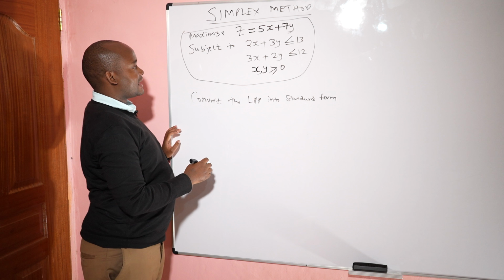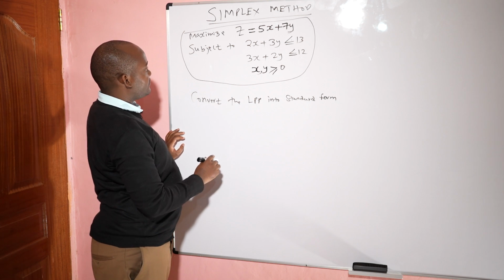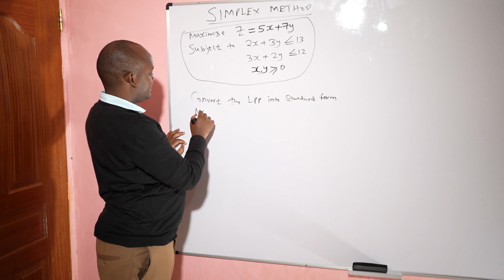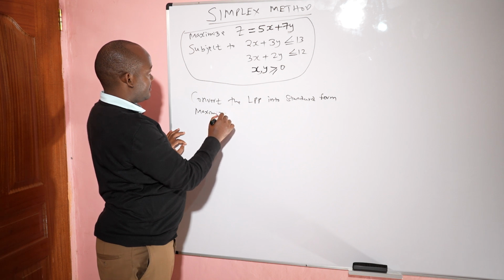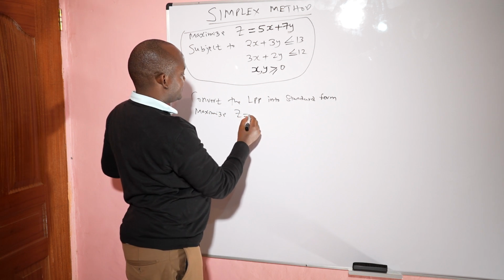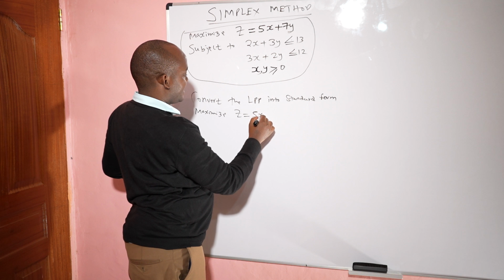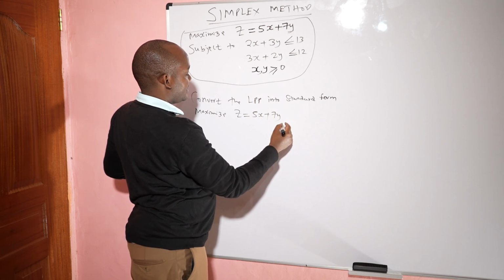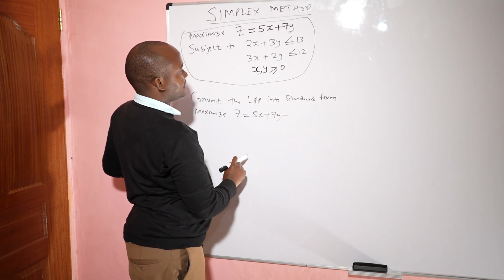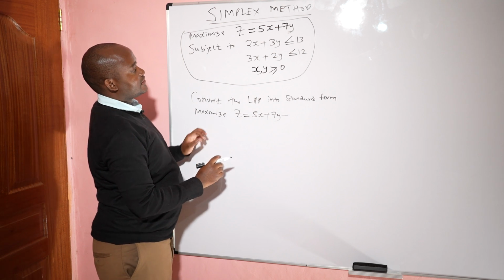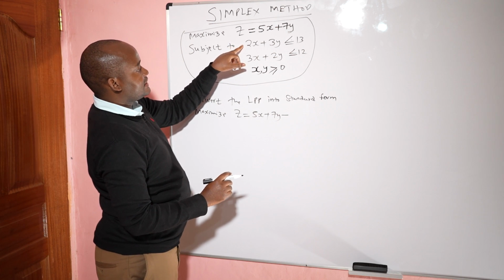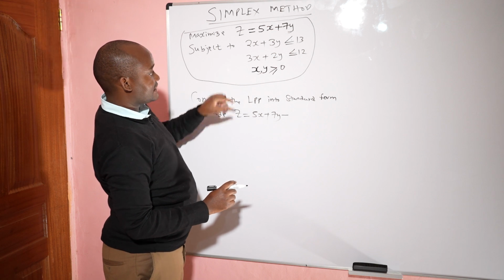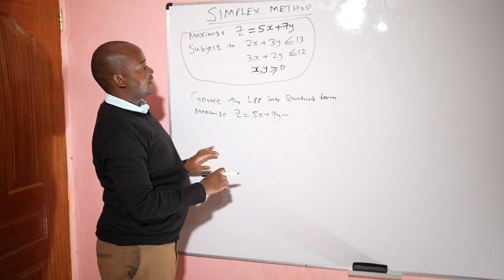And the standard form of this will be maximize z, which is equal to 5x plus 7y, then you add the slack variables. You notice that each and every constraint has its respective slack variable.